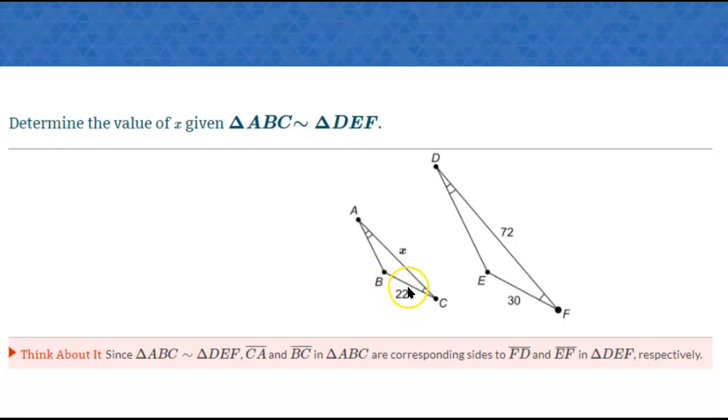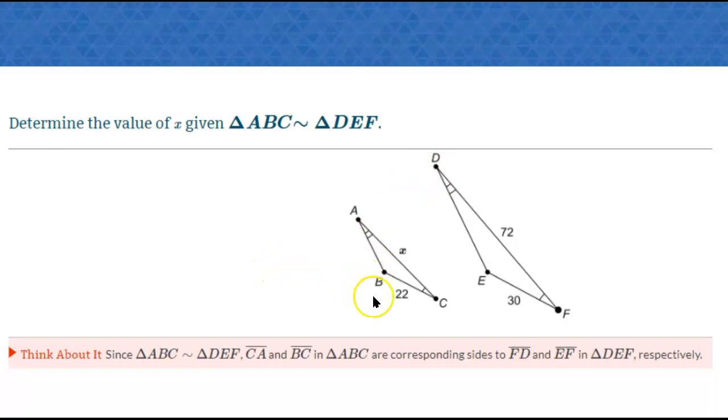And we also notice that CA measures x. We can see that BC corresponds with EF and that CA corresponds with FD. Therefore, we're able to set up a proportion.